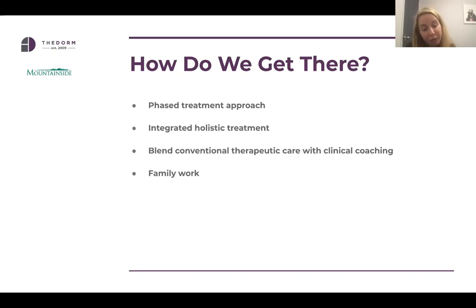And we believe that aftercare planning at the outpatient level means that we need to have a very phased treatment approach, where in the beginning, things are going to be a little bit more intense, and maybe more time is going to be spent in the treatment facility than outside it. But a month, 2 months in, that shifts.